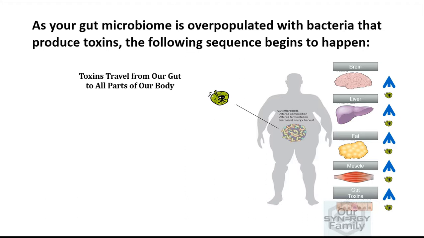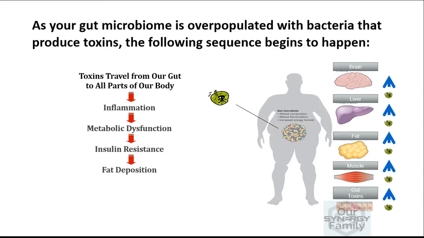Toxins enter the bloodstream, either by attaching themselves to fat molecules or enter due to a leaky gut. These toxins create inflammation throughout the body. Inflammation can lead to metabolic dysfunction. Metabolic dysfunction leads to insulin resistance. Insulin resistance leads to fat deposition, and fat deposition leads to cardiometabolic dysfunction.